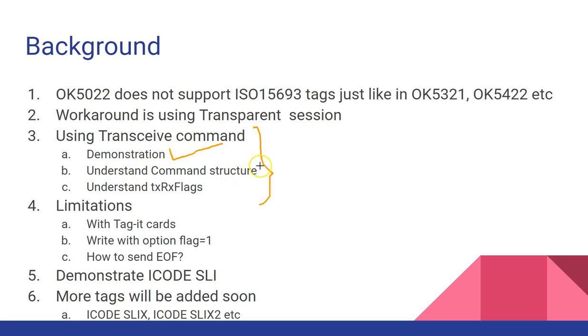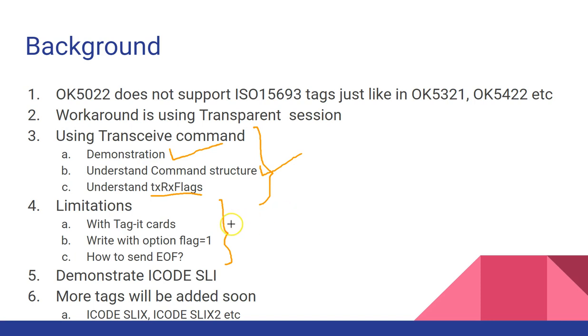We are going to understand the structure of this command, and the most important thing is that you have to understand a property of the command called the transmitter receiver flags. Even with the transparent session, there is one limitation.